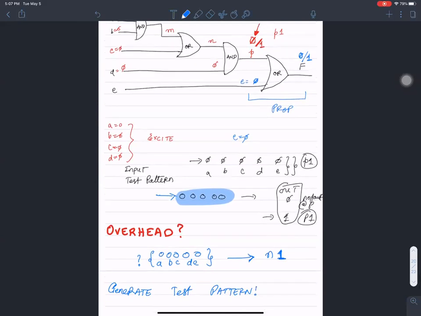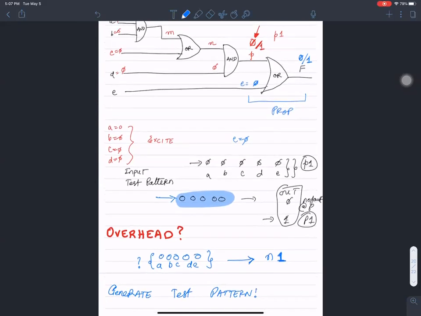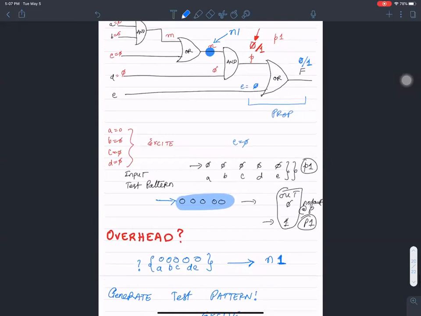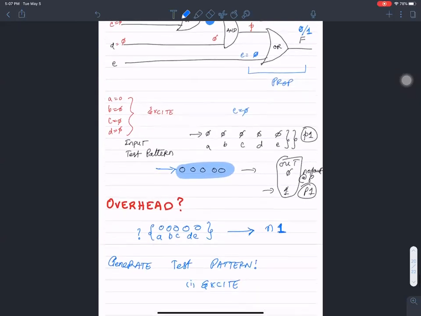So in other words, I have to start with each node, a particular node n, for example, and then choose a fault that I want to verify there, n1, then excite that fault, or back propagating the opposite of the fault, and then the next step is to propagate.